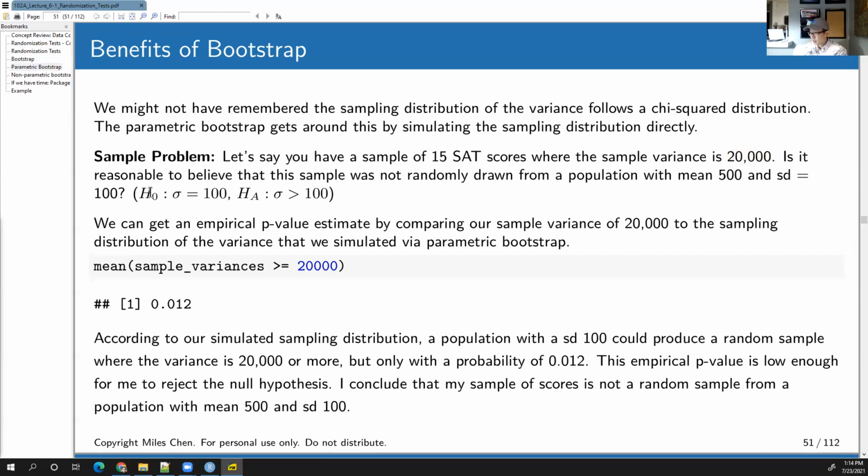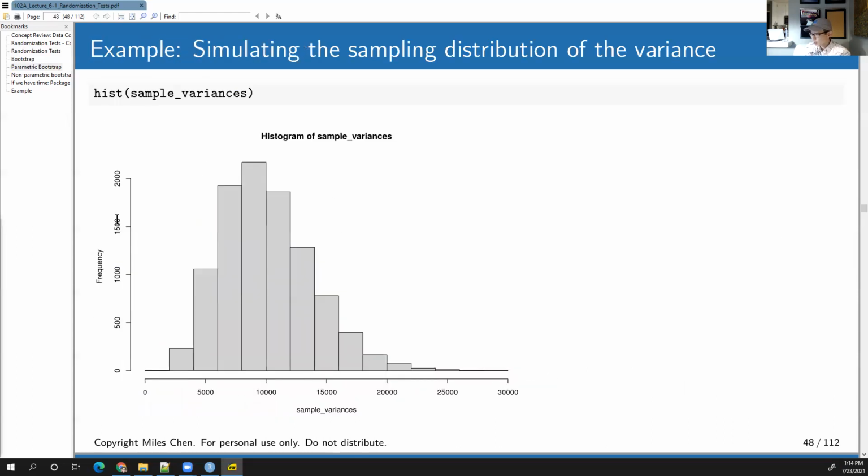And so we would test this null hypothesis, that my standard deviation is 100, versus it's coming from a population where the standard deviation is greater than 100. We want to ask, how often did my sample variances end up greater than 20,000? Because most of the time we're getting sample variances around 10,000, a little bit lower, a little bit higher.